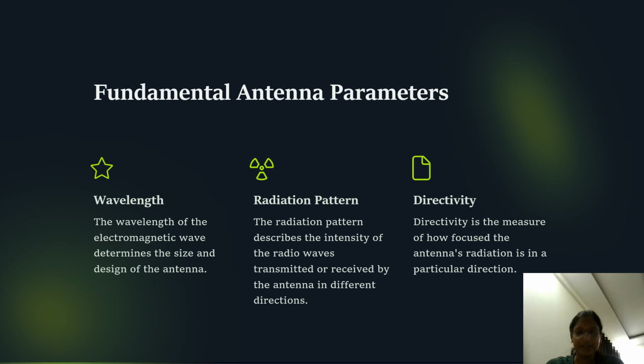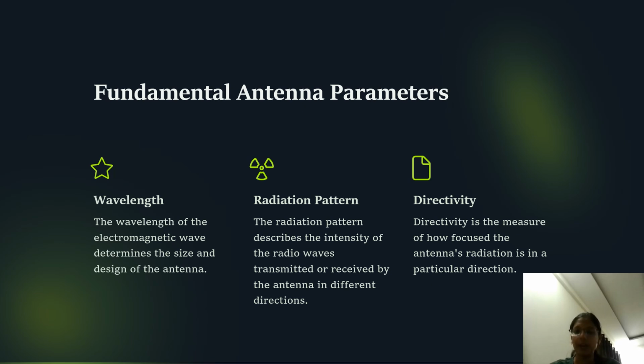Then radiation pattern. The radiation pattern describes the intensity of the radio waves transmitted or received by the antenna in different directions. So the radiation also depends on the direction in which the antenna is present. The intensity of the radio waves will be transmitted or received. Then directivity.